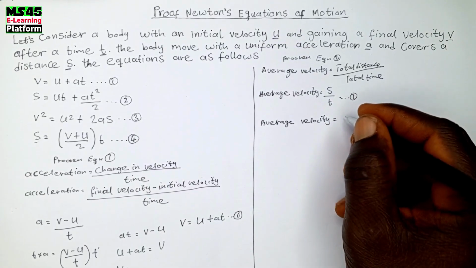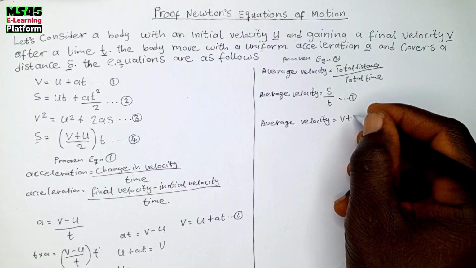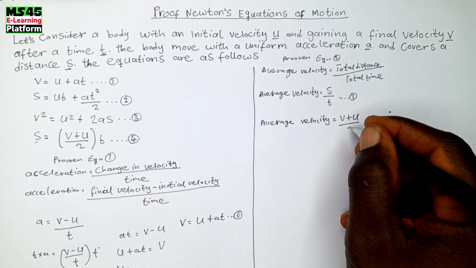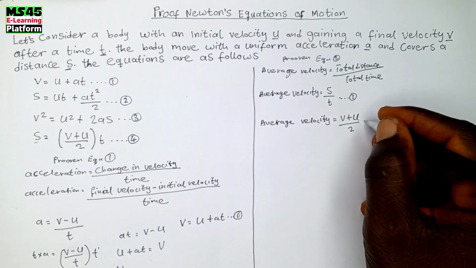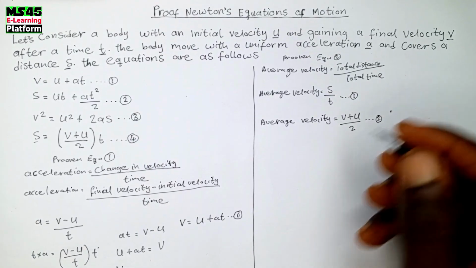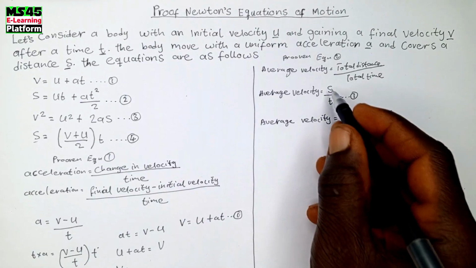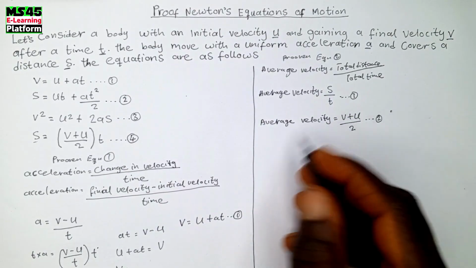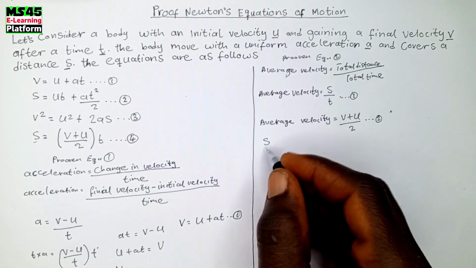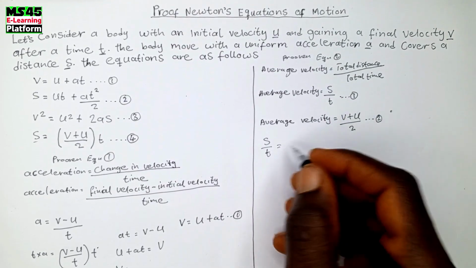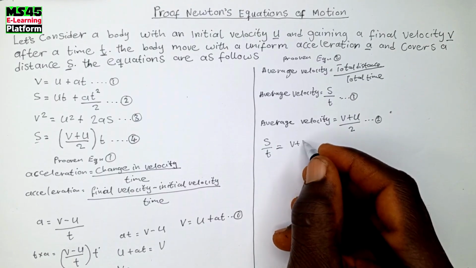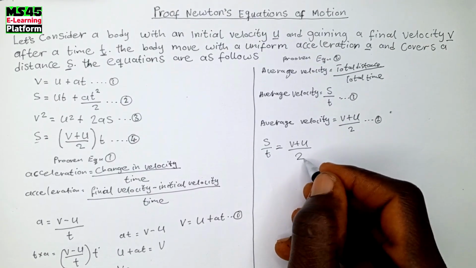This one becomes our equation 2. So let us compare equation 1 and equation 2. Then we have s over t equals (v plus u) over 2, right?